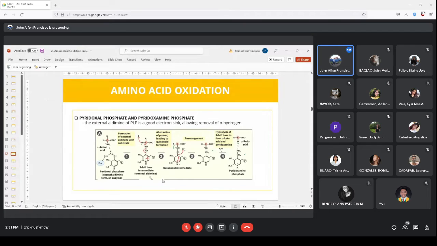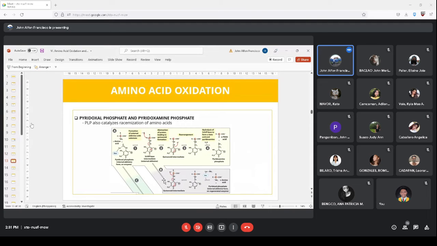Okay? So yung Schiff base mo can further go to another path, which is here. It can grab a proton or babalik siya, and nag-form lang ulit si pyridoxal phosphate.